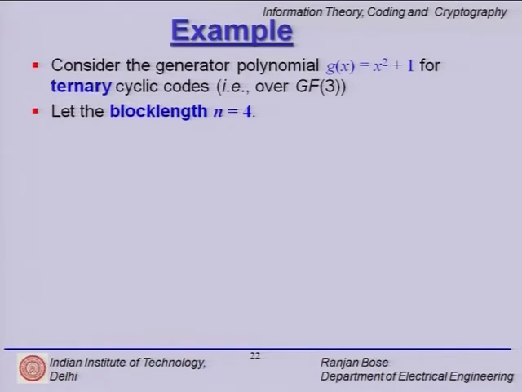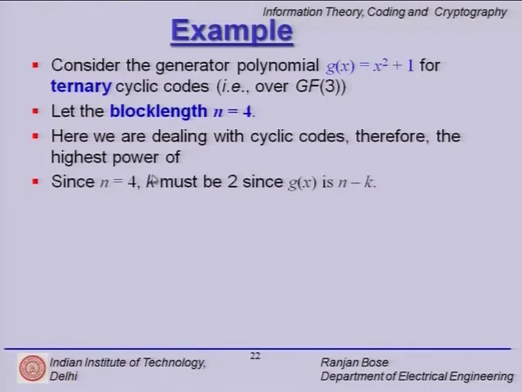So, first thing we need to do is, can we actually factorize x raised to the power 4 minus 1 over GF(3), and we should be able to get g of x equal to x squared plus 1 as one of the valid factors. All right. Well, it really is quite obvious, because I can take x raised to the power 4 minus 1 equal to x squared plus 1 into x squared minus 1. So, clearly x squared plus 1 is indeed a factor.